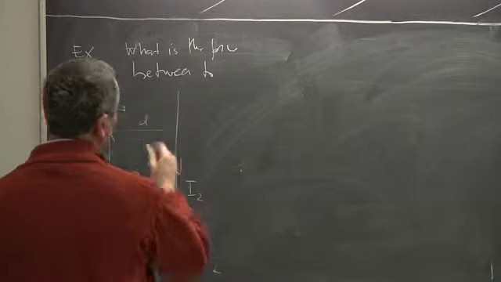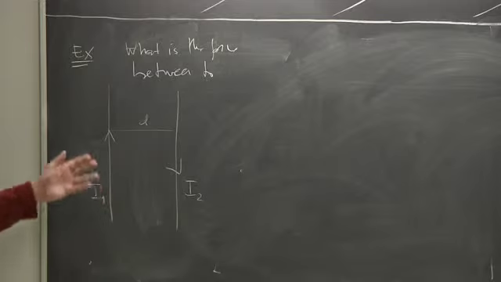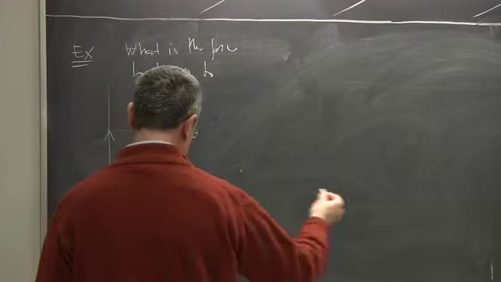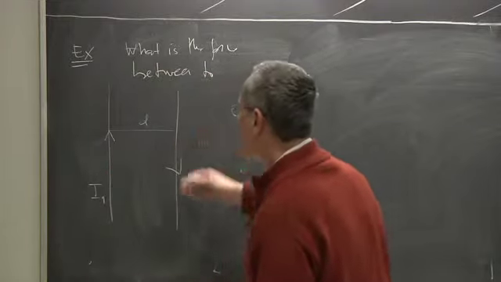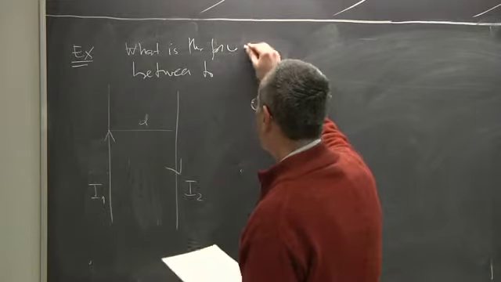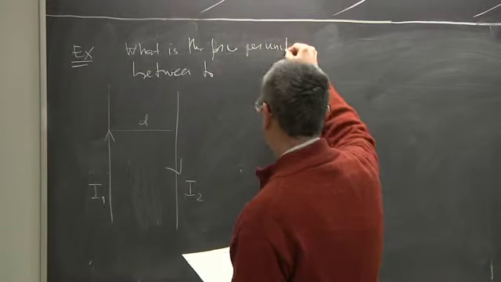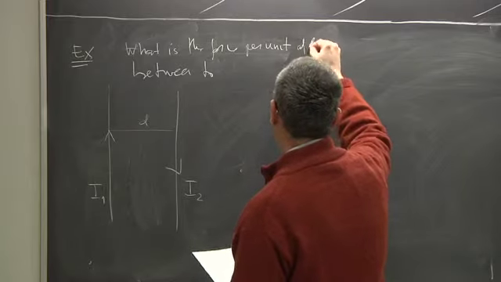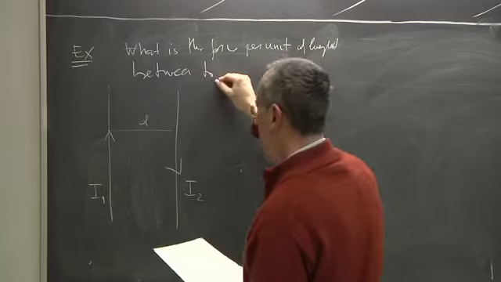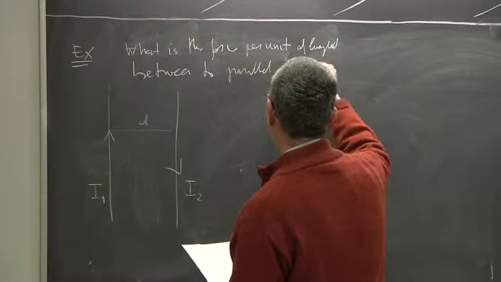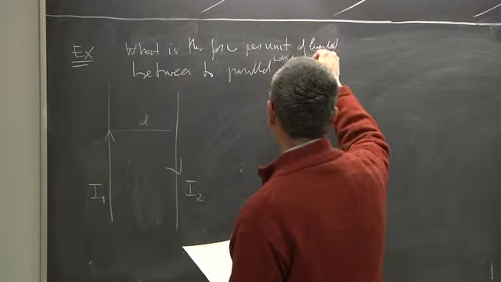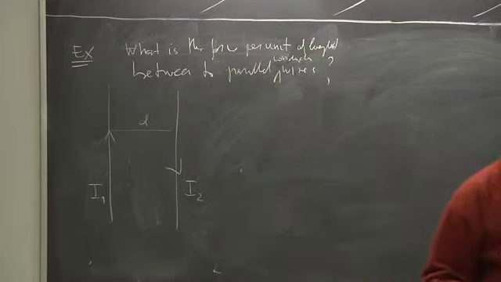The distance between these two wires, let's call it D. Essentially, because they are infinitely long, what is the force per unit of length between two parallel conducting wires? Okay, clear? So that's the exercise.